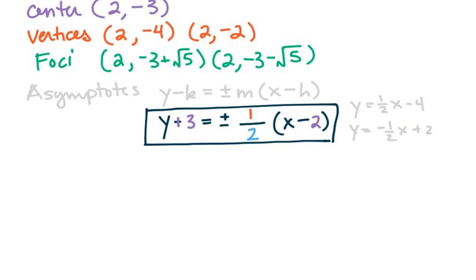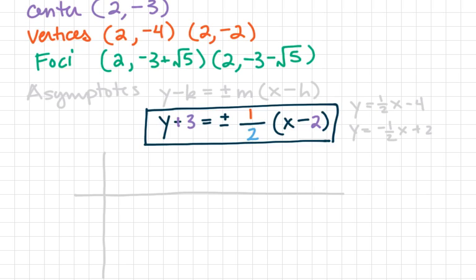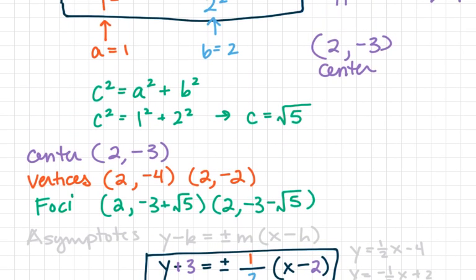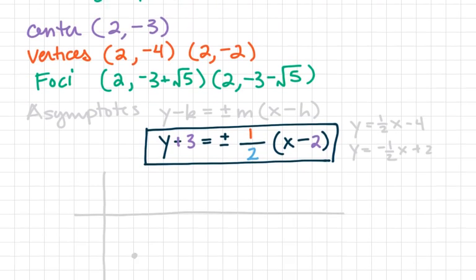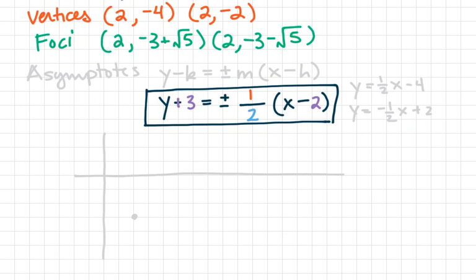Let's look at creating the graph. My center here is at positive 2, -3. Now the center is not really a point on the graph, so I'm going to draw that in light gray. Now because this is vertical, my vertices are going to move up that a value. We're going to move up 1 unit above and 1 unit below that center.